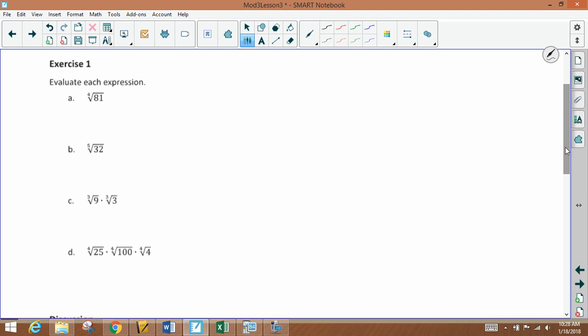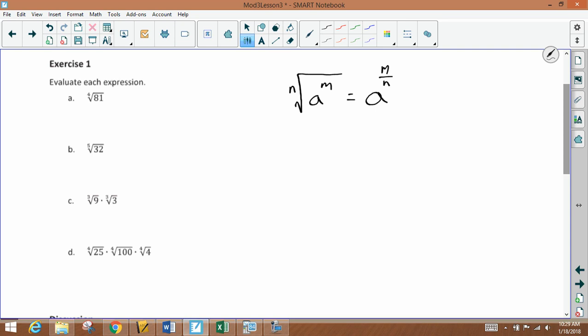So, number 1, I'm going to point out this property. This is what this is all about. We have a property that tells us that if we have some nth root of a to the m power, that is the same thing as a to the m over n power. Okay? So the number on the outside is going to go in your denominator. The number on the inside goes in your numerator.